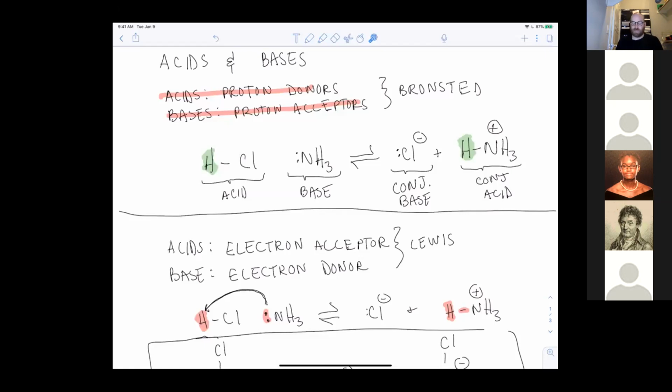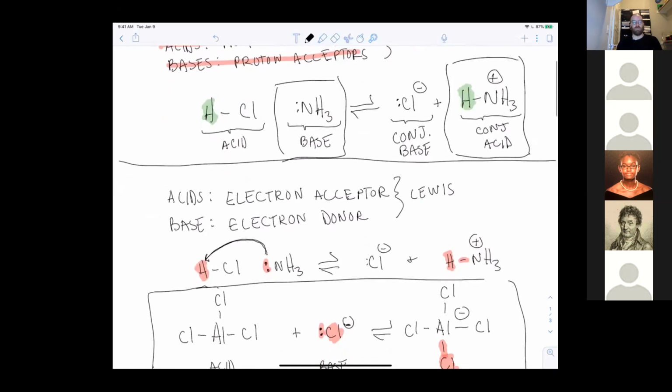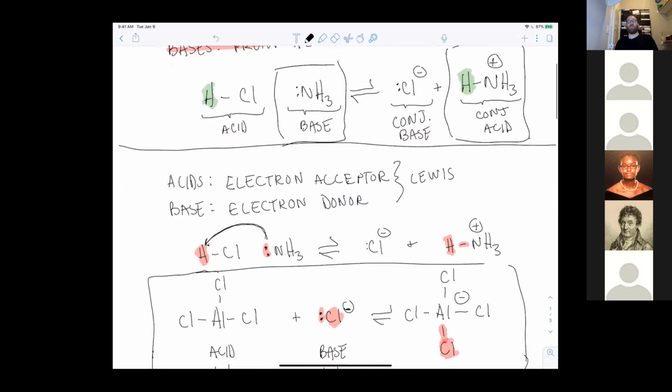So there's a relationship between this and this. Those things are tied together through thermodynamics, through an equilibrium constant. And so using the term conjugate acid just helps us track what we're talking about, although I agree with you that it's confusing.